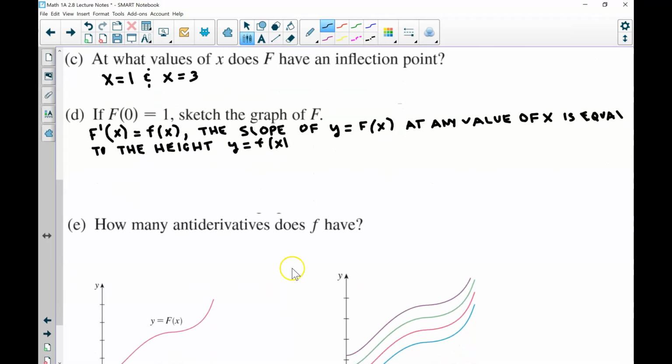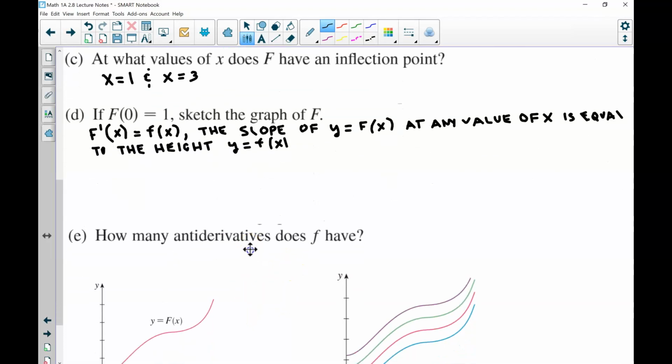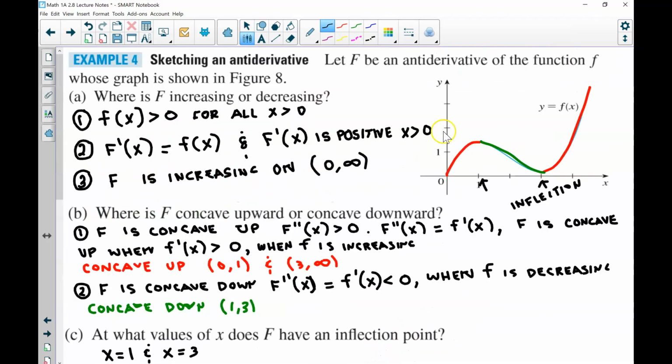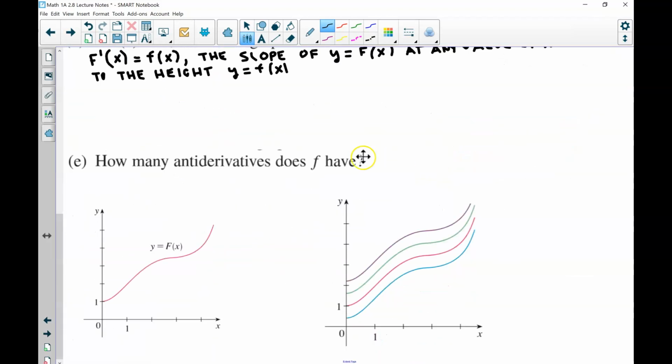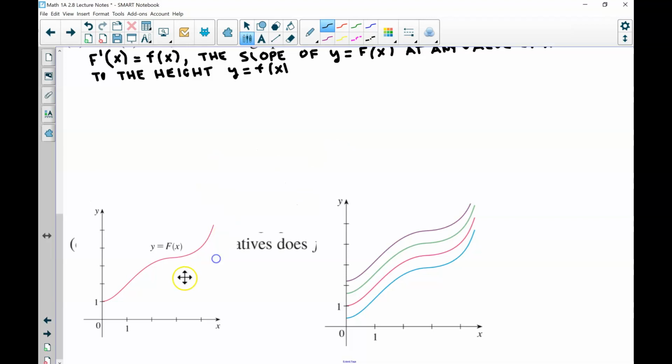Okay, so therefore, what do we know? Well, we would start drawing the graph of f at the given point 0, 1. So again, over here, we have 0, 0 that's given in this function. And we're going to start drawing the graph of f at the given point 0, 1 with a slope of 0. So let's take a look at this graph.